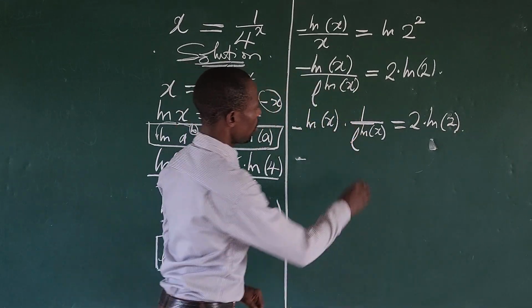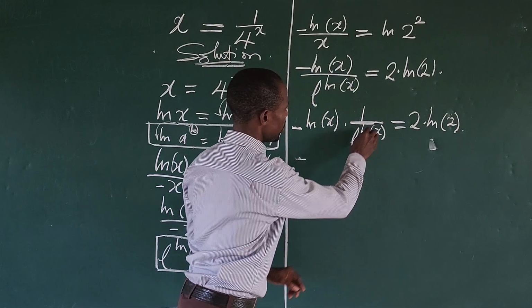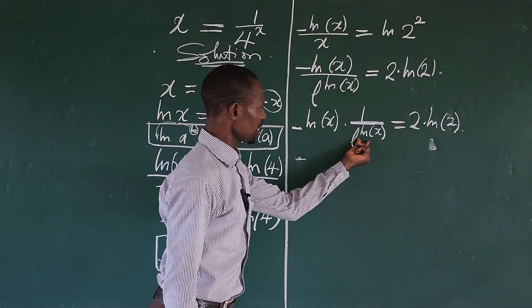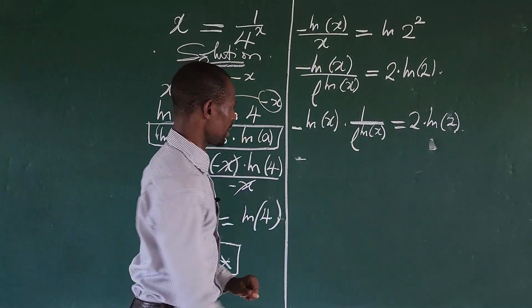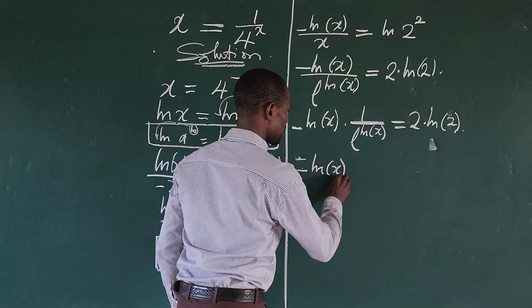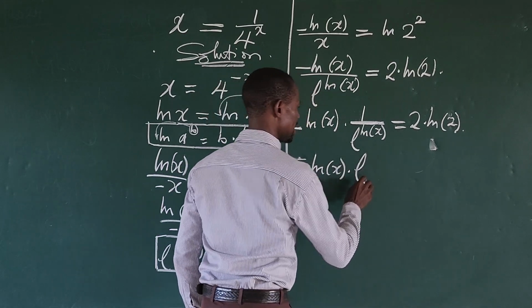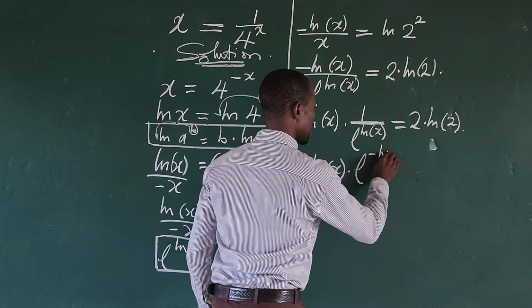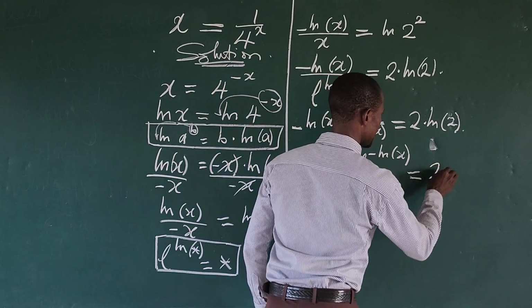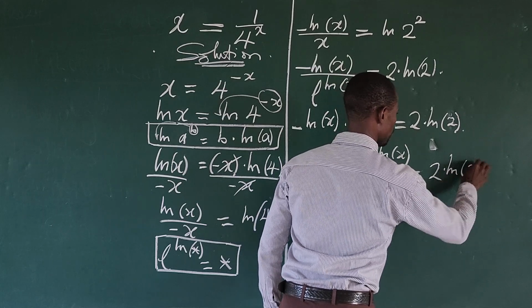Now, according to the law of indices, here we can eliminate this 1 and this division sign, and so this exponent will take a negative sign. So we're going to have minus ln of x, bracket, times e all to the power of minus ln of x, equal to 2 times ln of 2 here.